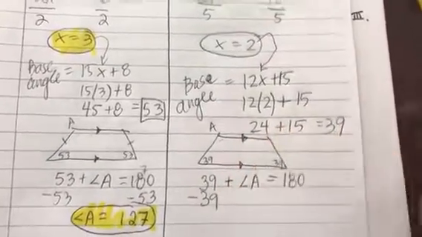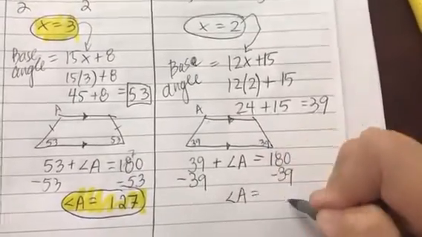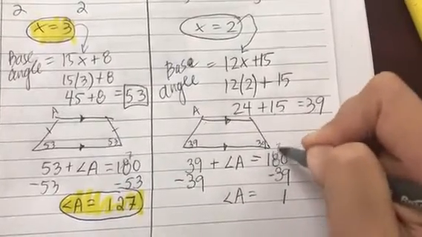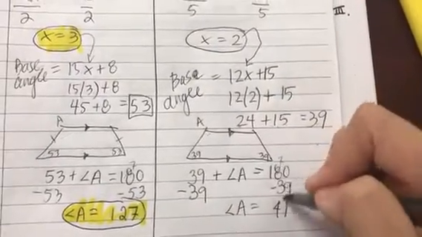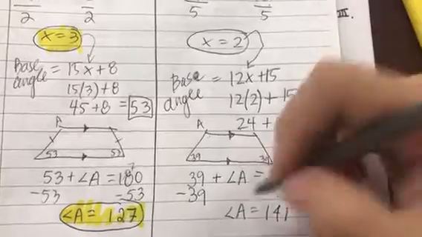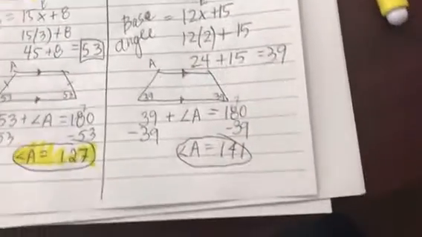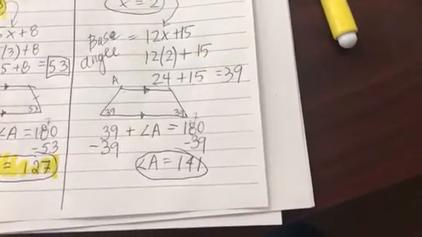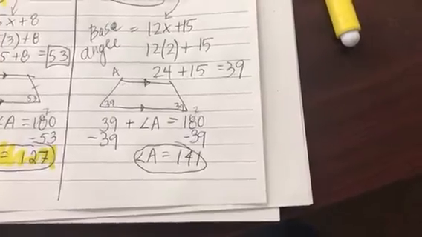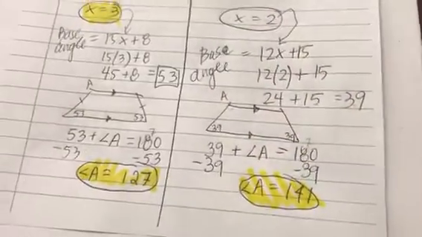So by subtracting 39 on both sides, I solve for angle A. 141. Let me just double check my work here. Yep, that's exactly what I got. So angle A is 141.